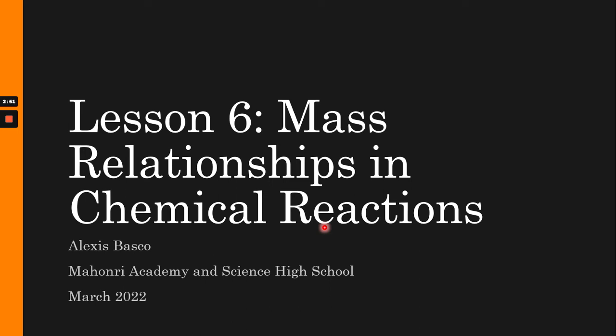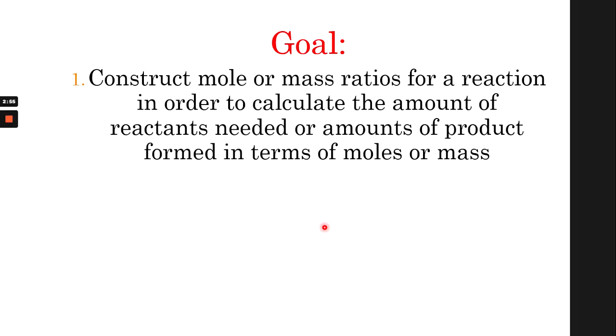So at the end of today's lesson, what I want everyone to be able to do is first construct mole or mass ratios for a reaction in order to calculate the amount of reactants needed or the amounts of product formed in terms of moles or mass.